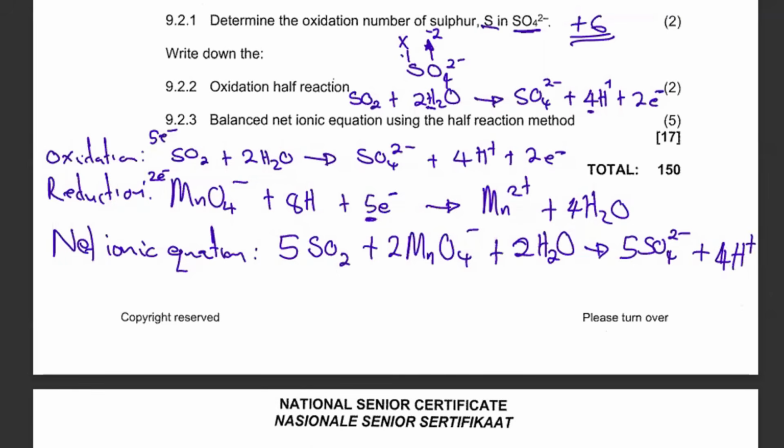What is left is 2 Mn2+. So that's how we work out the net ionic equation.